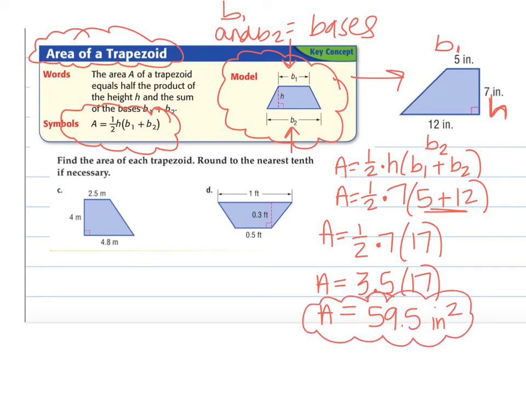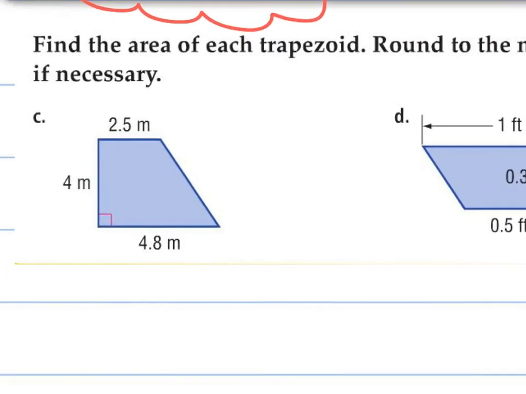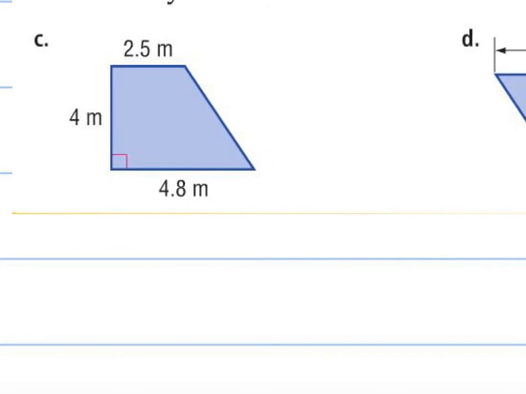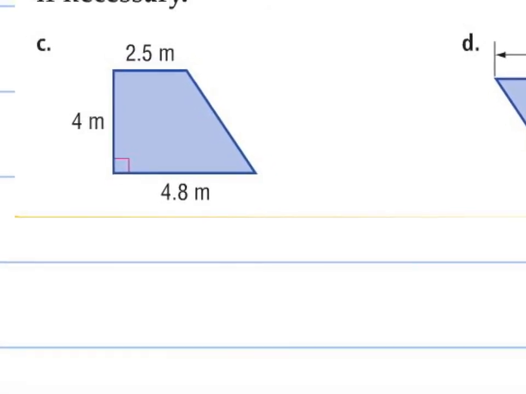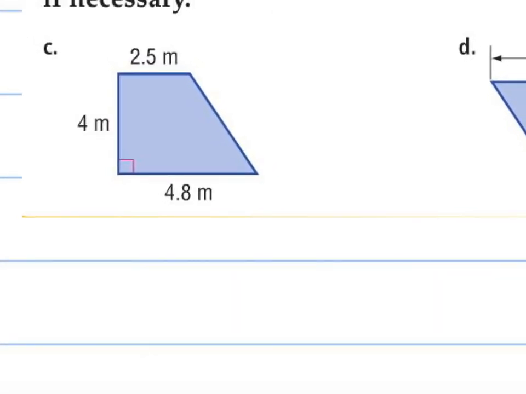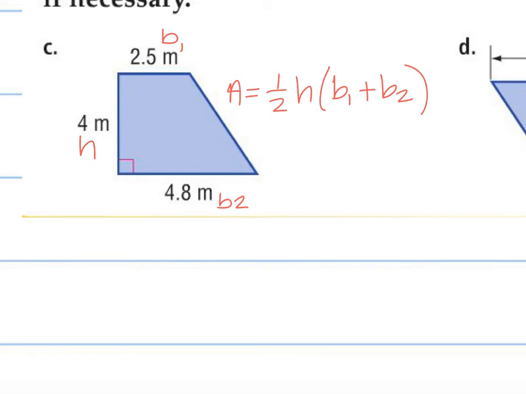All right, let's zoom in and do this one together. Or if you want to try to go ahead and do it without me, feel free as well. So I have my height, I have my base 1, and I have my base 2. The area of a trapezoid is 1/2 times the height, base 1 plus base 2. So basically I add the bases together, multiply times half of the height is what I'm doing.